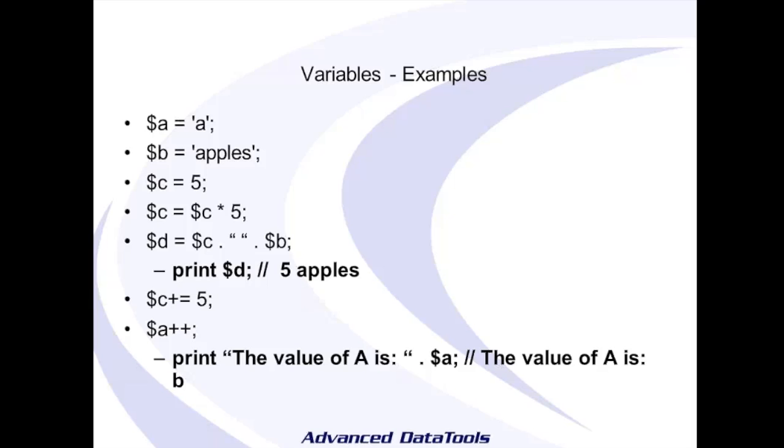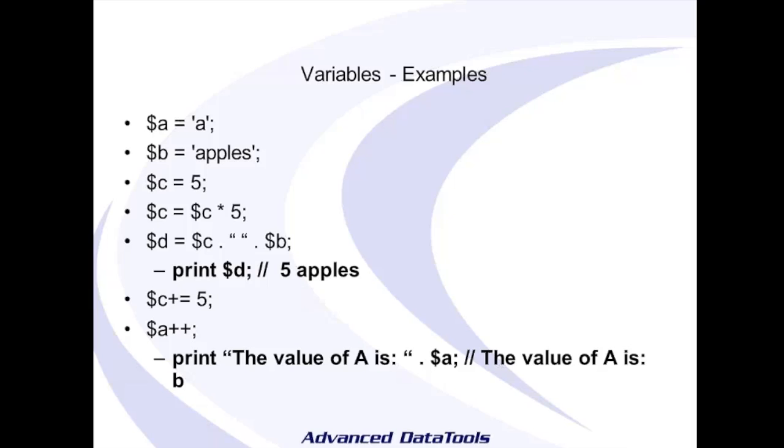And then we take the next one here, which is d is equal to c, and then we concatenate a period, which concatenates in PHP, with a space, and then concatenate to b. So we're going to end up getting 5 space apples, because c is actually in this case should be 25 apples.